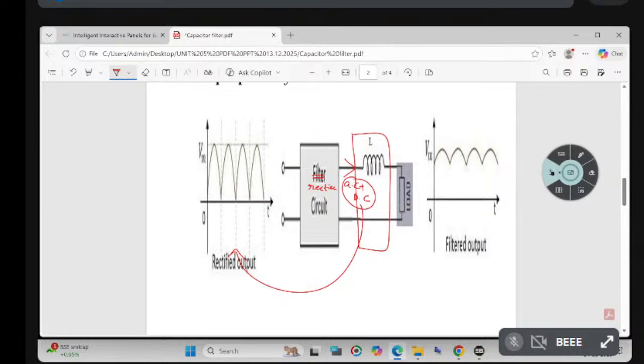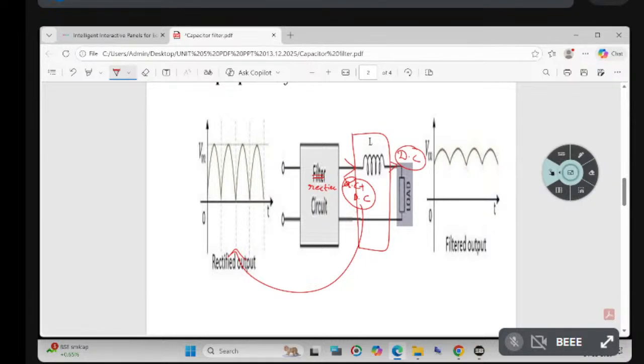What is the inductor function? It blocks AC and allows DC. Out of 40, only 10% is going to be blocked. I am trying designs, but it is not setting for me. So the blocked percentage is very important for me. It blocks AC and allows only DC to the load, so we get this kind of graph.